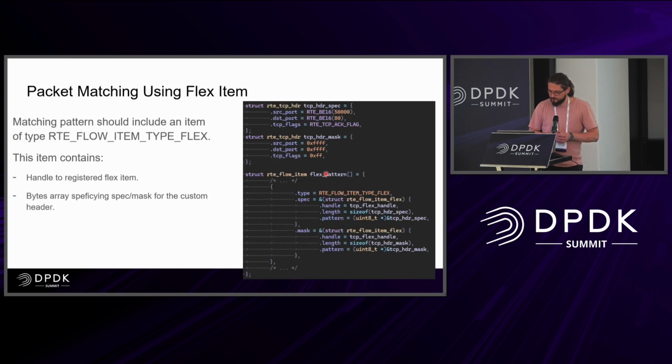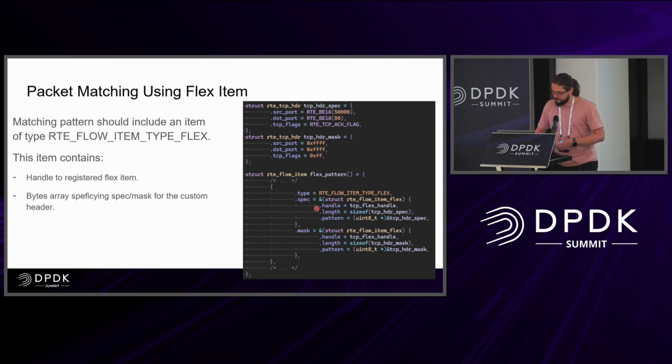Now, if you want to match using this flex item, we use the standard RTE flow item struct with the type of flex and provide the handle to the already registered flex item. So after we configure the flex item using the building blocks, we register it in the driver, the hardware is configured, and we receive a handle.